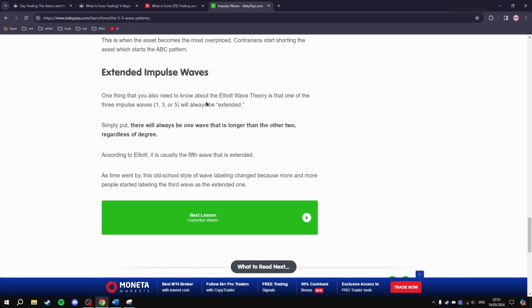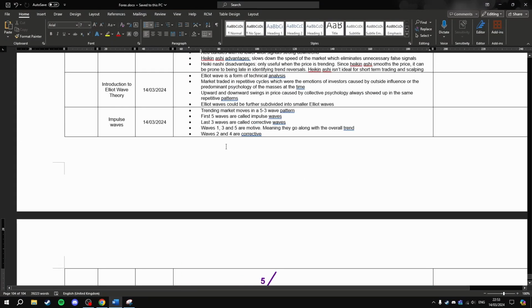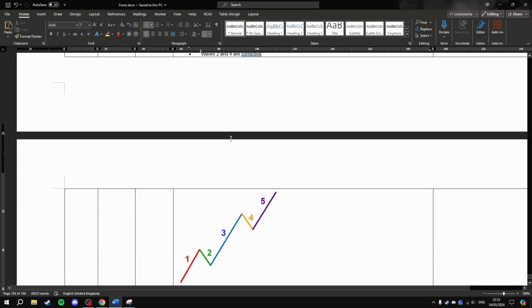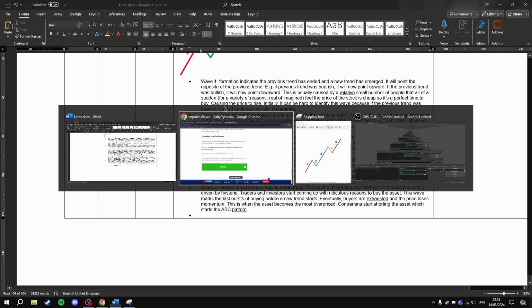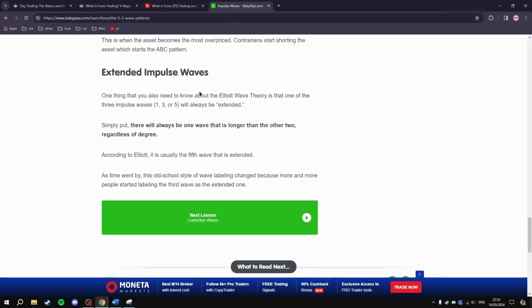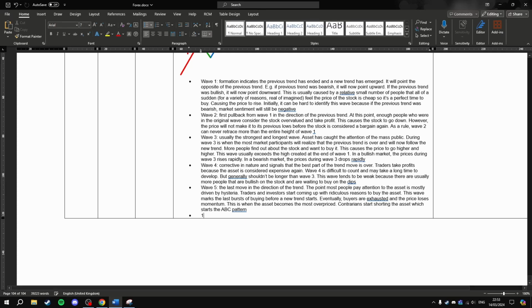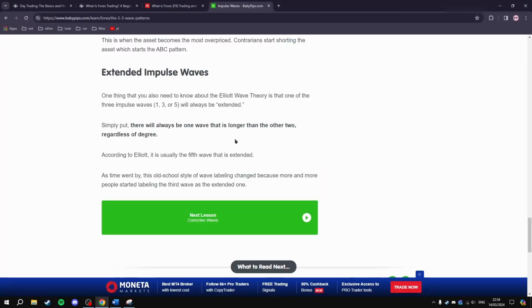One thing you should also know about the Elliott wave theory is that one of the 3 impulse waves, 1, 3 or 5, will always be extended, so its length will be longer than the other 2.